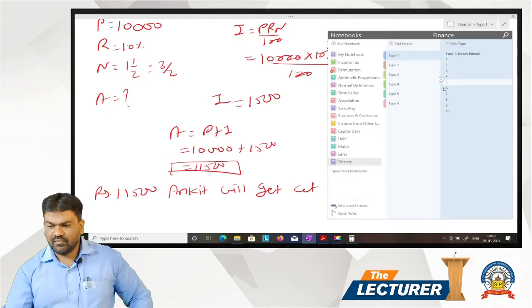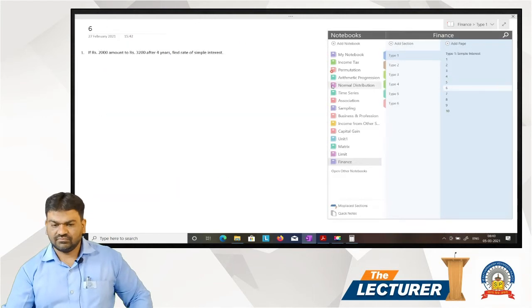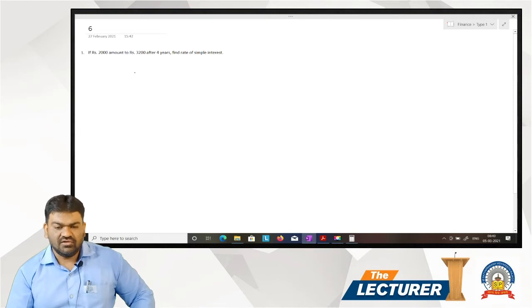Next, example number 6. If rupees 2,000 amounts to rupees 3,200 after 4 years, find rate of interest.